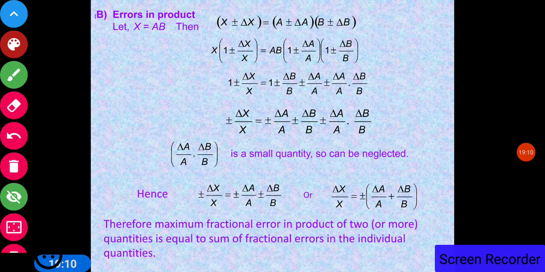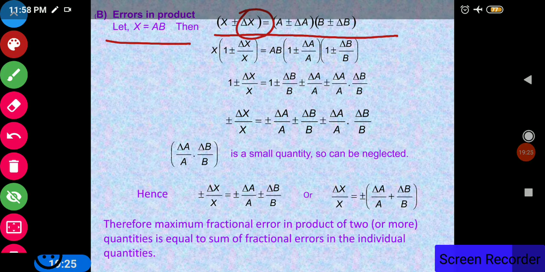Now error in product. Similarly, if the quantity x is equal to a into b, then x plus minus del x is equal to a plus minus del a, b plus minus del b. Now here we are going to find out the value of del x.